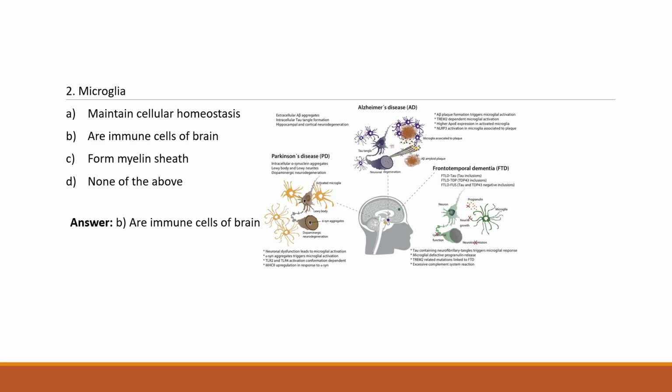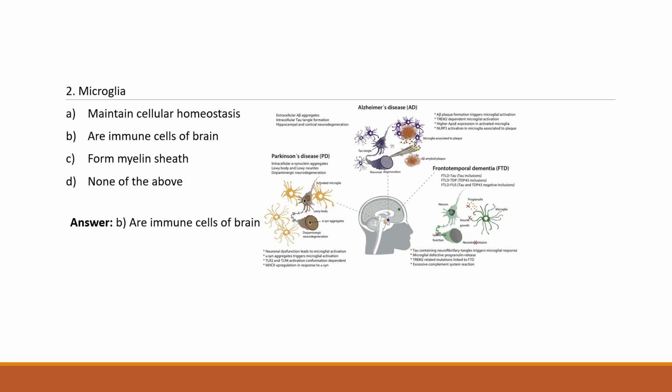And then in Parkinson's disease, your intracellular alpha synuclein protein will aggregate and Lewy bodies will be formed. So then there will be neurodegeneration. So your microglia will get activated here, and the neuronal dysfunction will send signal for your microglial cells to get activated and start the immune response over there.